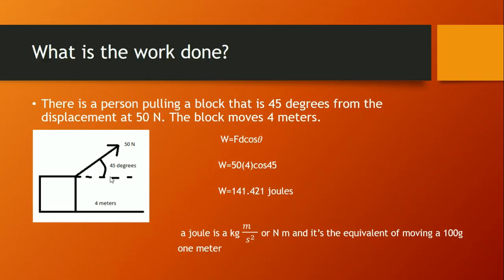So just think about the force it takes to move a very small apple 1 meter. So a joule is just basically a very small amount of energy. So 1 joule is moving 100 grams 1 meter. So 2 joules would be like moving 200 grams 1 meter. So you get the picture. It's just a very small amount of energy. That's the important thing you need to know.